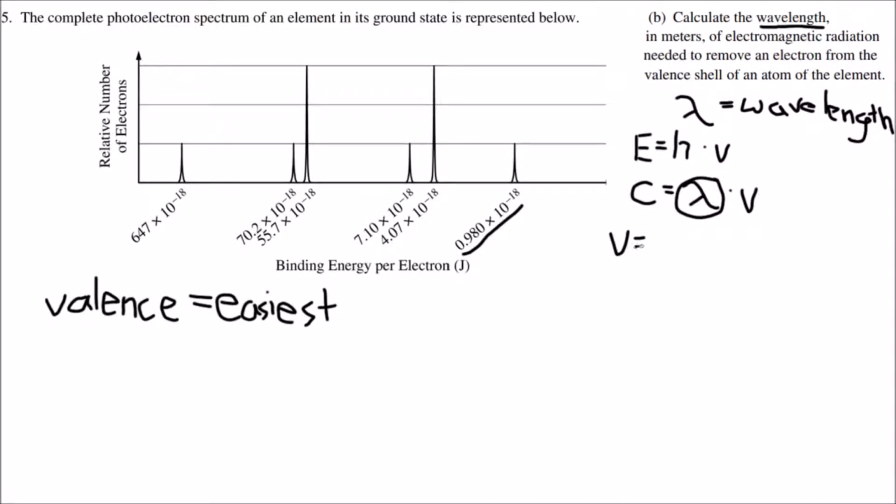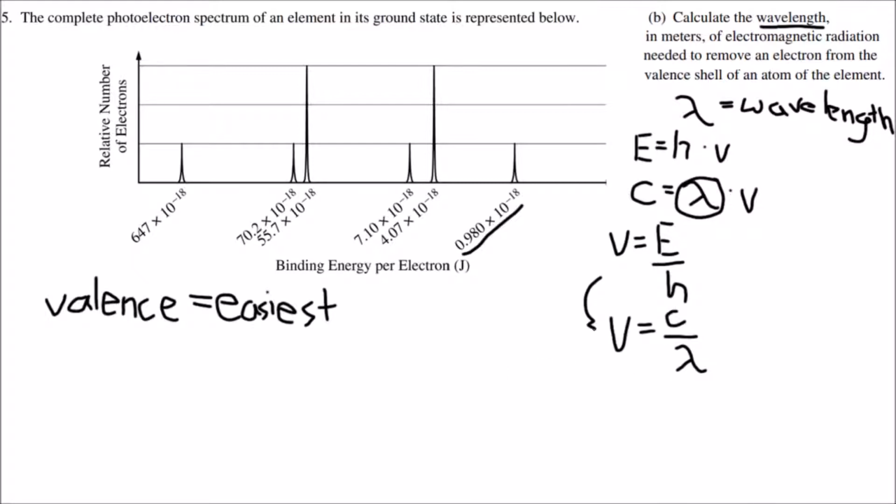v, frequency, equals E, energy, over Planck's constant. And v, frequency, equals the speed of light divided by lambda, wavelength.